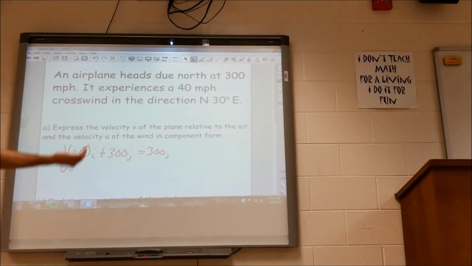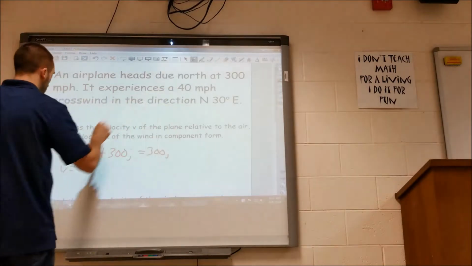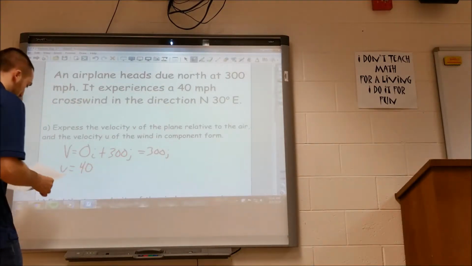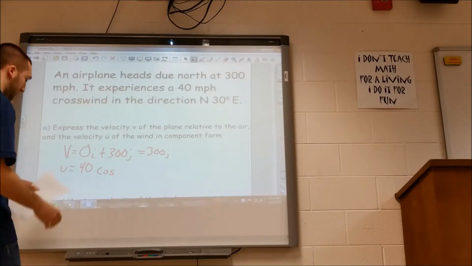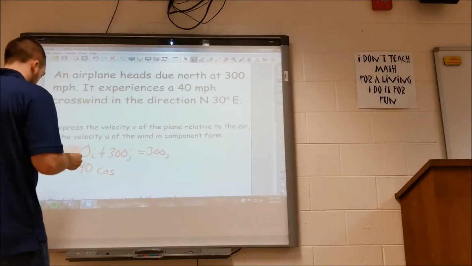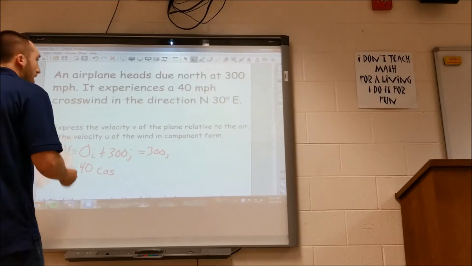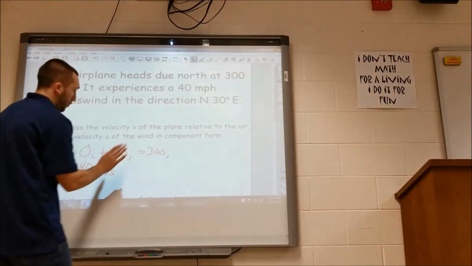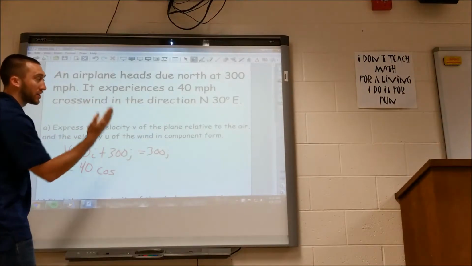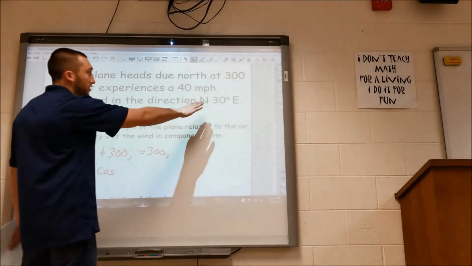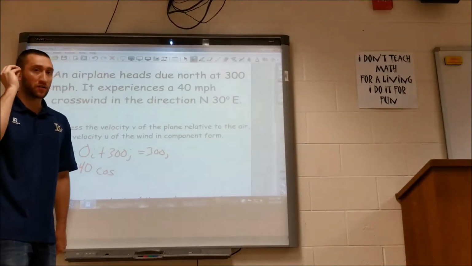For u, we're going to have to use our definition from the previous one, that we have a magnitude of 40, and then cosine, because we have an angle of 30 degrees. Remember, our trig functions actually use how far the angle is away from the x-axis. So this takes a little bit of thinking, a little intuition.